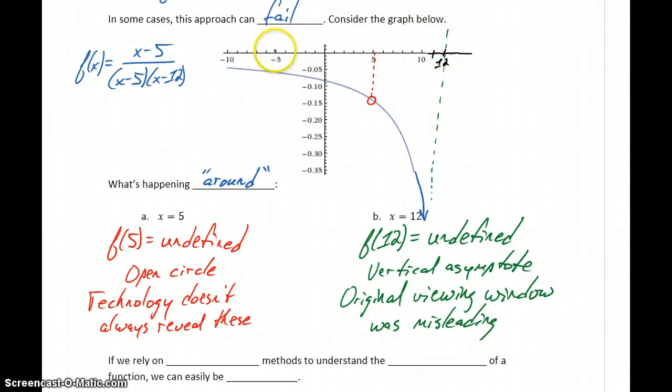If you had your xmin, xmax set to -5 and 5, you would never see this behavior of the asymptote. You'd have to adjust your viewing window to go beyond 12 so that you could see where this dips down. So technology doesn't reveal the open circles or breaks in our graph, at least not always. And if viewing windows are set incorrectly, we're not going to get that full picture.